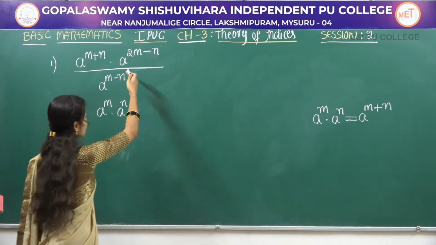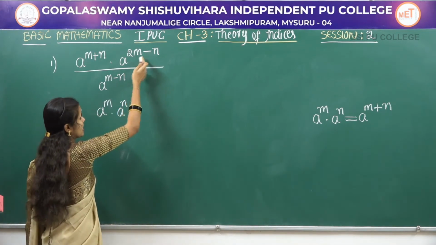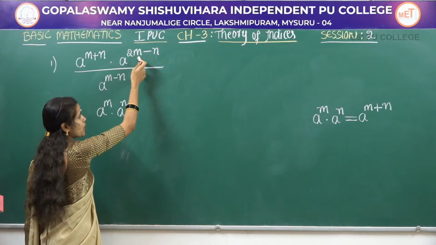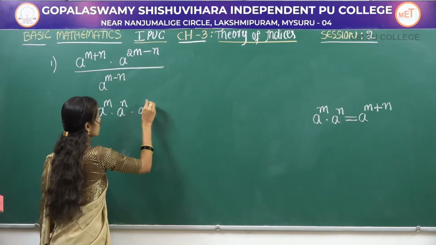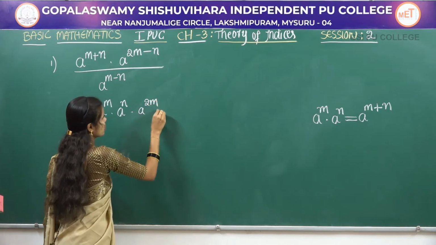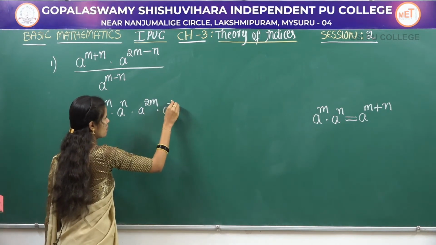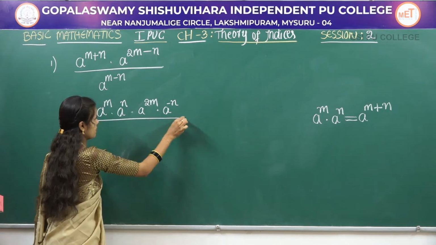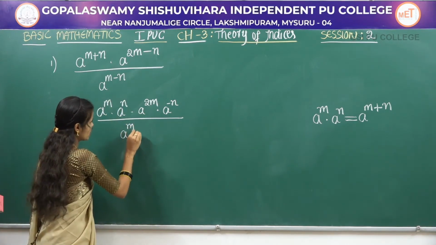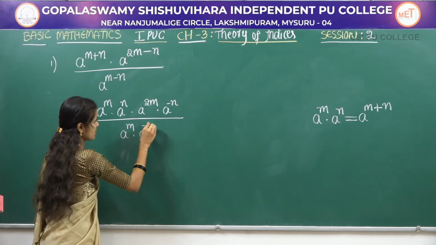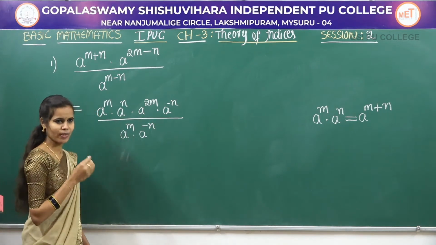Similarly, a to the power of 2m minus n can be written as a to the power of 2m into a to the power of minus n. In the denominator, a to the power of m minus n can also be written as a to the power of m into a to the power of minus n using the first law of exponents.